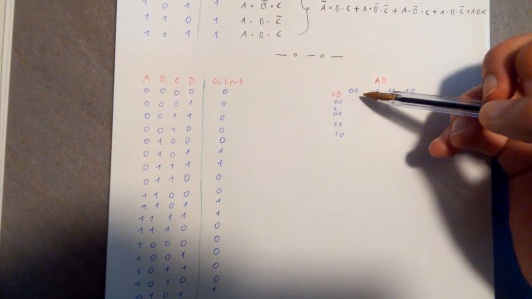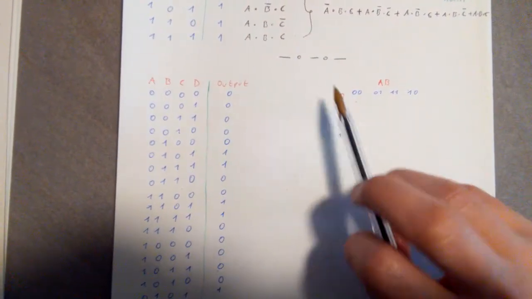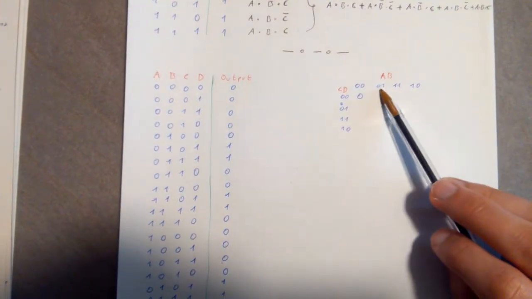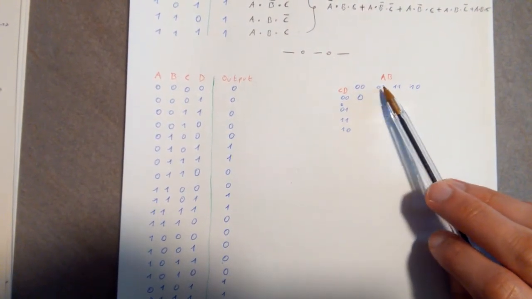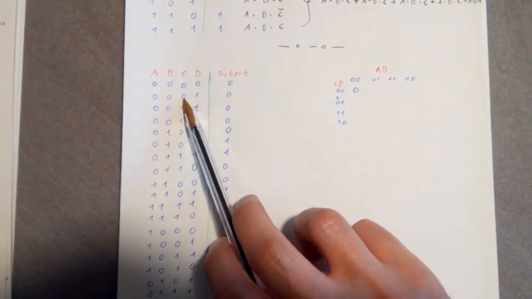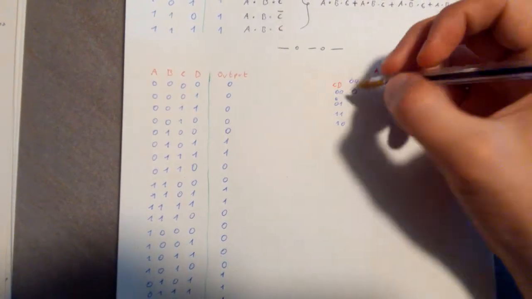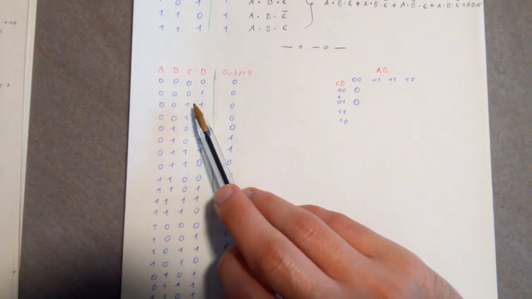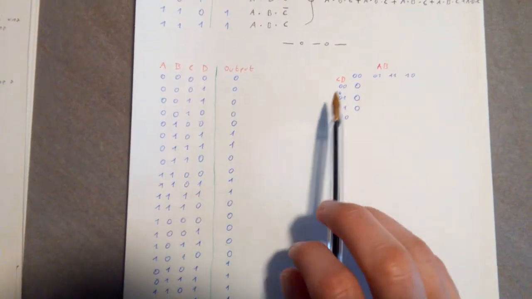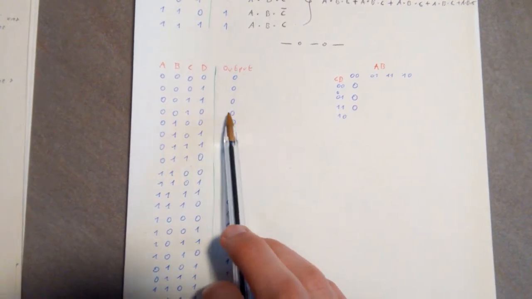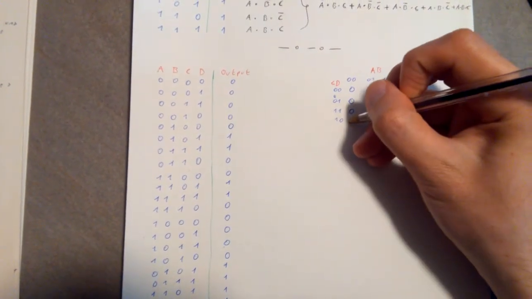So when A and B are 0 and C and D are 0, then the output is 0. When A and B are 0 and C and D are 0, 1, then the output is 0. When A and B are 0, C and D are 1, 1, the output is 0. When A and B are 0, C and D are 1, 0, then the output is again 0.